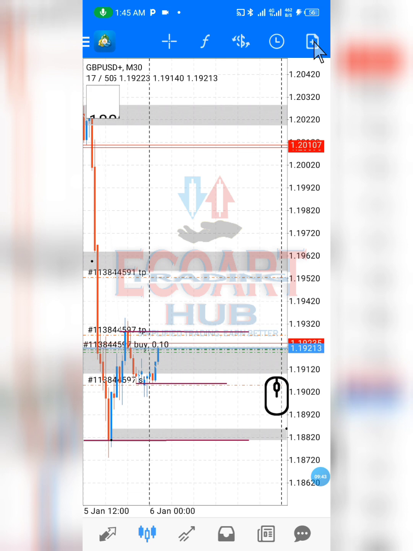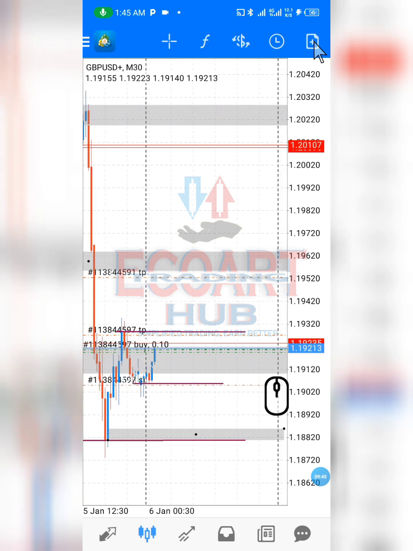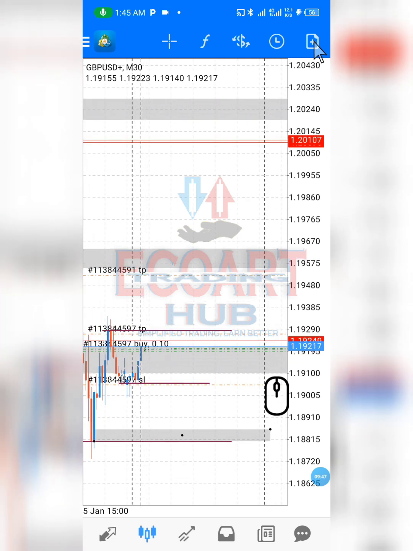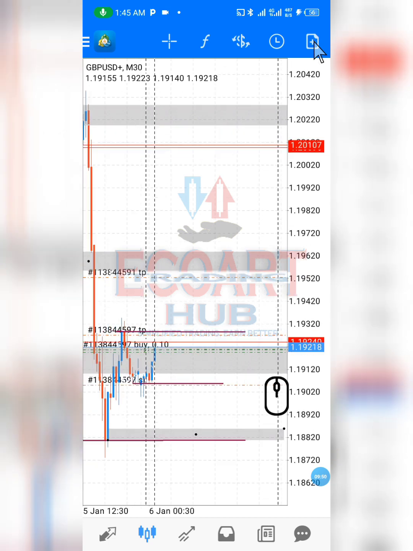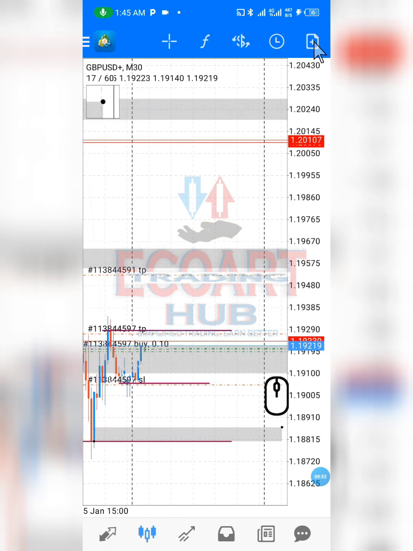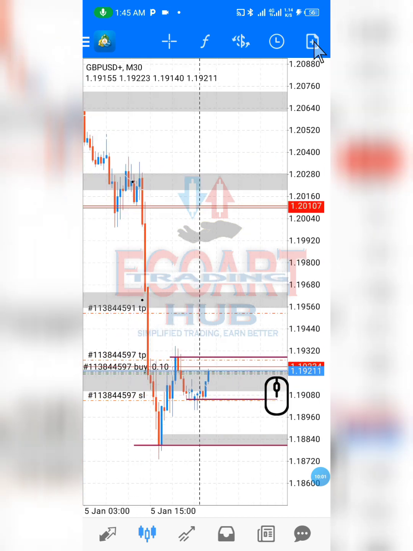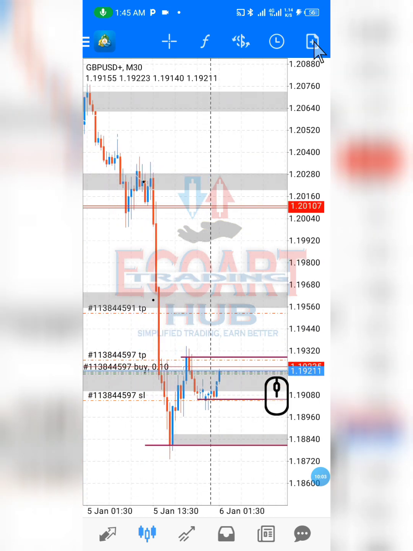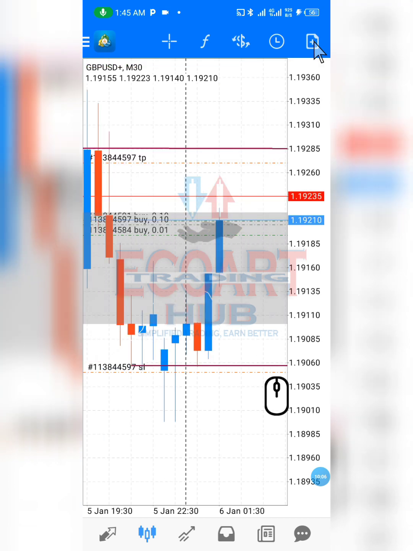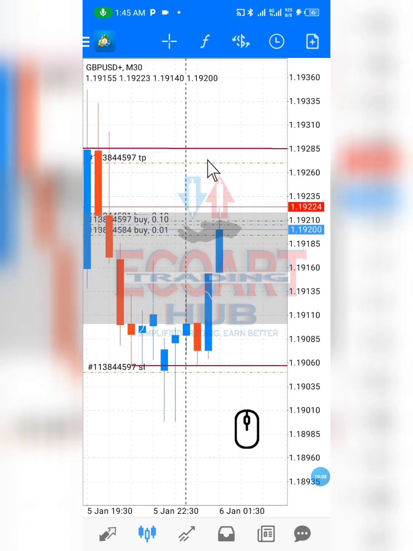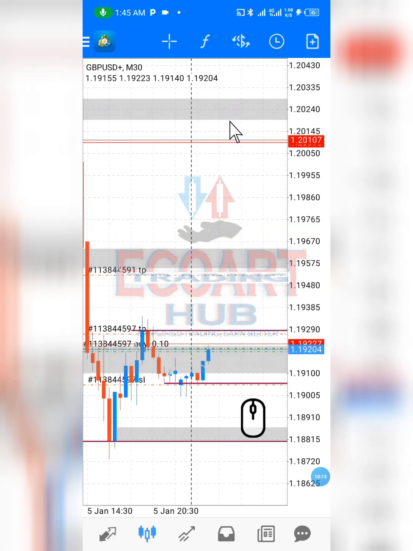So I have this. I'm going to extend it so it goes into the future. So we're expecting our trade to close out the first TP, and maybe we'll get a possible rejection before it breaks to the next supply zone.